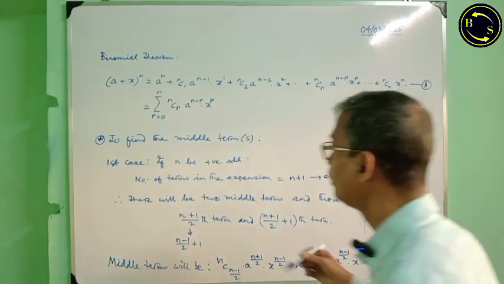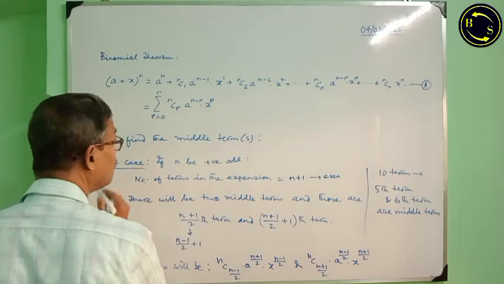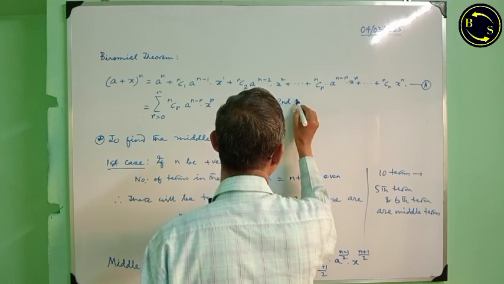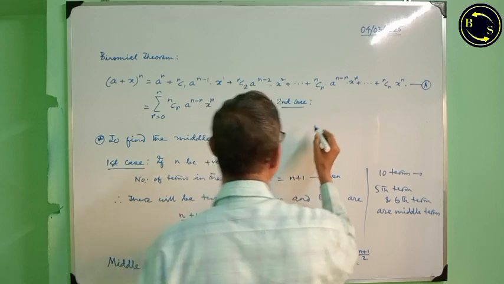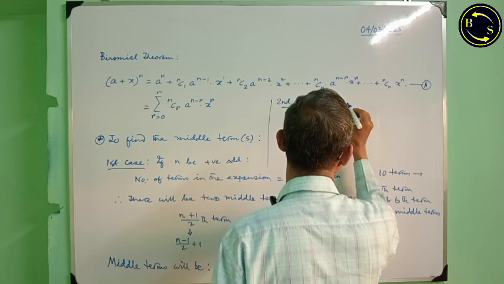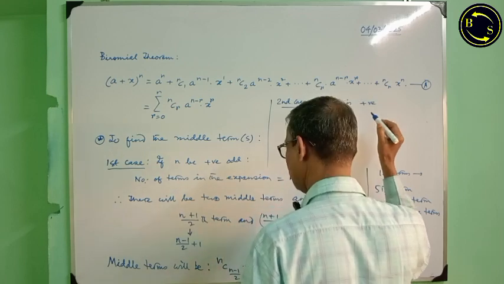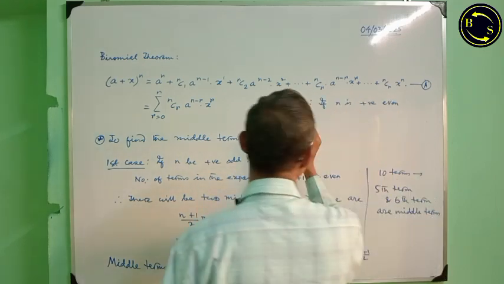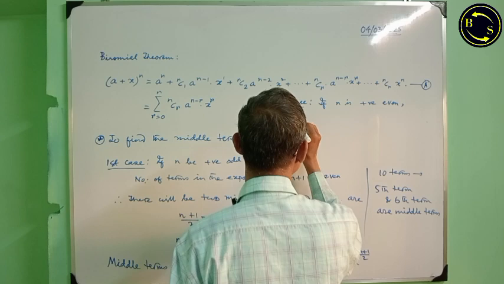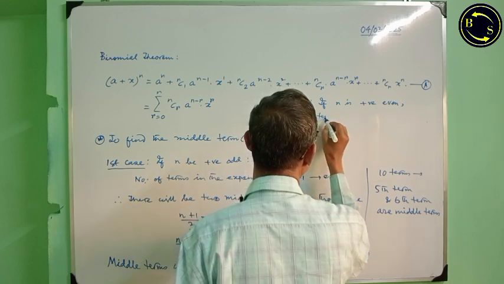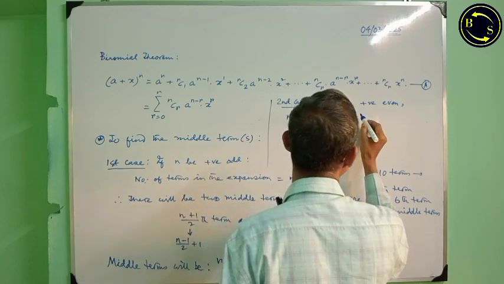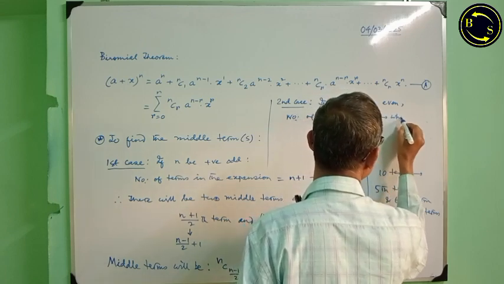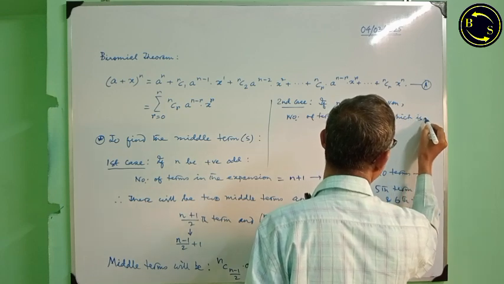Next case, second case I write here. If n is positive even, number of terms is equal to n plus 1, which is odd.